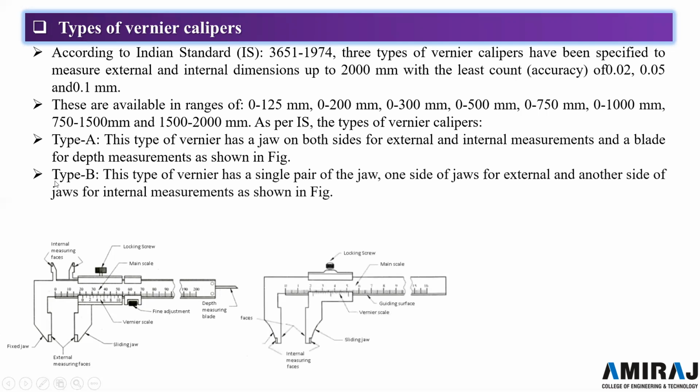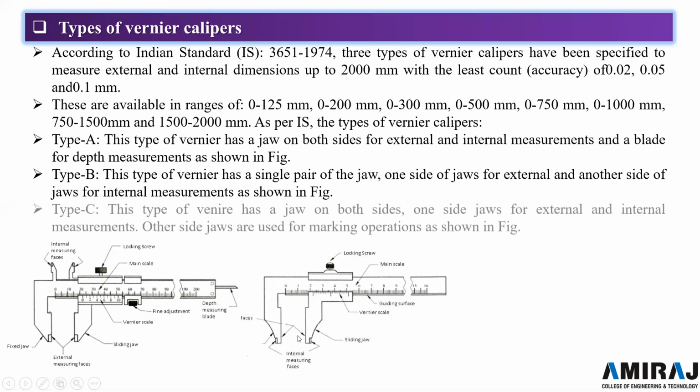Then there is type B, having a single pair of jaws, one side of the jaw for external and another side for internal. Here you can see we can measure the internal as well as the external measurement, both with the single vernier scale.